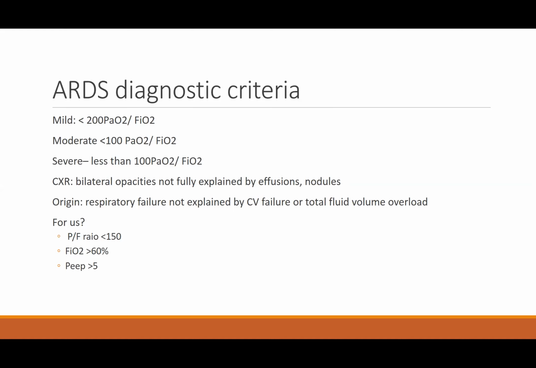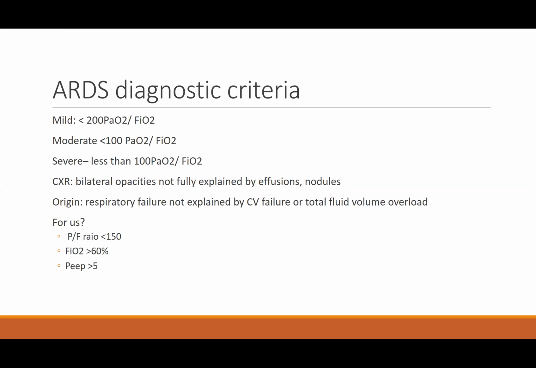It's not explained by cardiac dysfunction. And it's also not explained just by complete volume overload. So sometimes I do see patients who simply are in respiratory failure because they were given 11 liters of fluid when they presented to the emergency department. Of course, when we get the fluid off, things are going to look a little bit different.